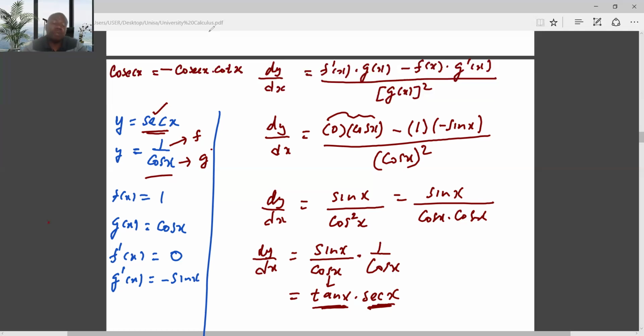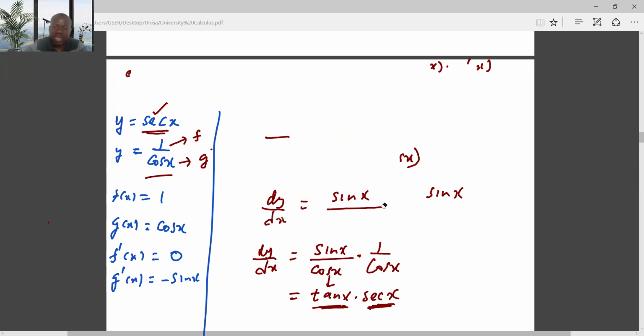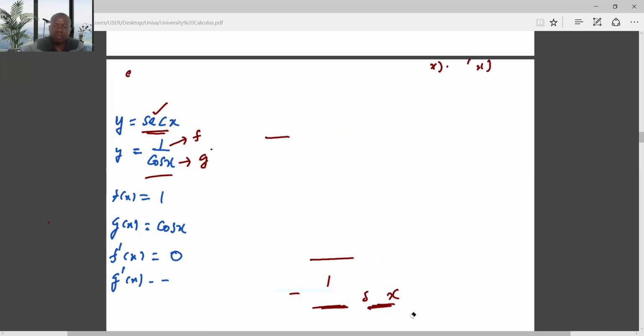So we're still going to use the product rule and the quotient rule when we are solving trig functions. But here I wanted to prove to you that the derivative of sec x is sec x tan x, and the derivative of cosec x is negative cosec x cot x. Very, very important. The derivative of tan x is sec squared x.